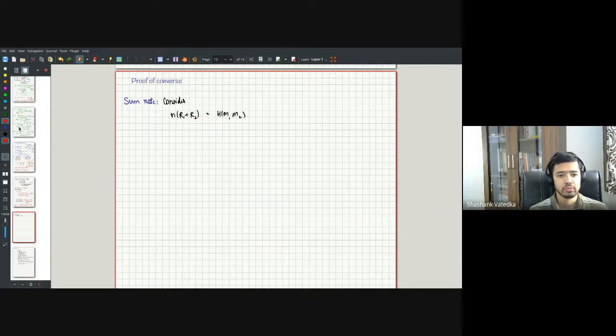In any converse proof, every converse proof basically makes use of two or three different steps. One step is, of course, Fano's inequality. So whenever you have an H of message given the received signal or received sequence, you know that you should be able to decode the message reliably given the received sequence.